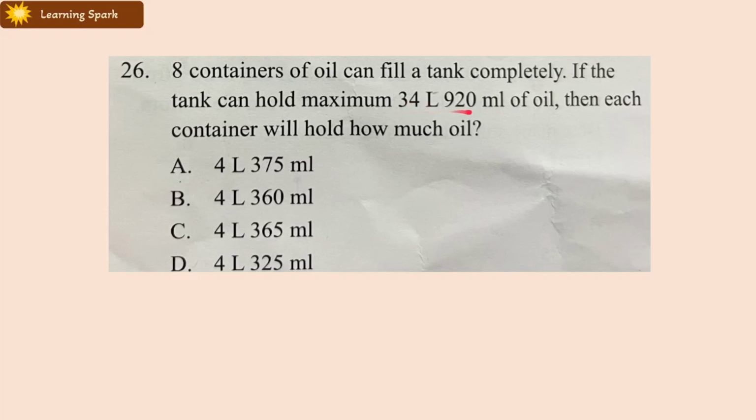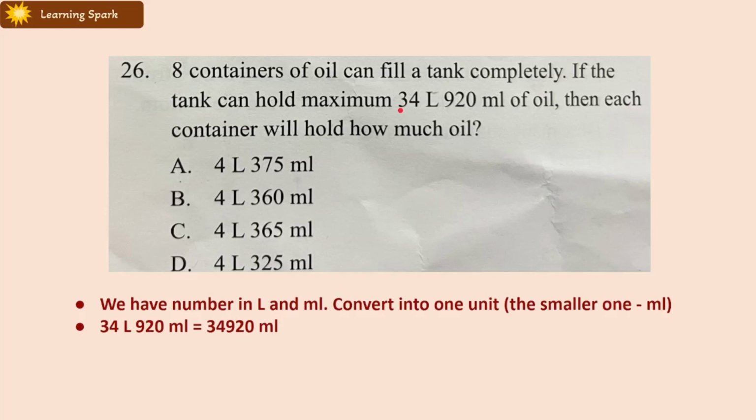Now to do this division quickly, we have a number in L and ml, so there are 2 units. The trick is to convert this into 1 unit so that you can do it quickly. The smallest one, preferably ml.